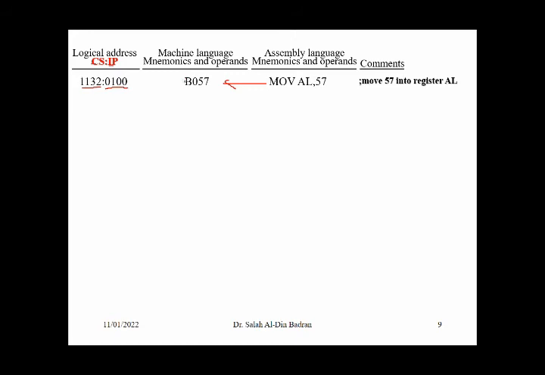Theoretically we have no idea about this machine language number, but we use this for explanation, just to understand how this instruction will be stored into the memory. So this number is our instruction, the instruction that's required to copy 57 inside AL.